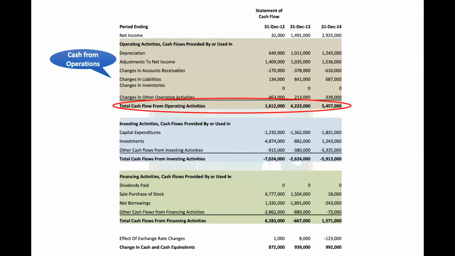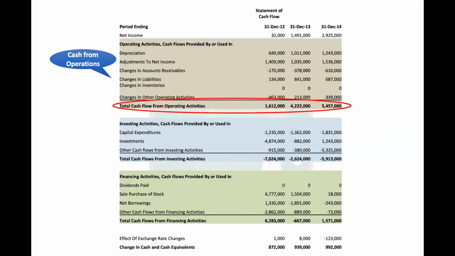What this tells us is that they're doing more and more business in terms of current liabilities with vendors. So you'll see the total change in operating activity, and then you'll see what the bottom line number is. Now, the reason why I'm pausing here is because this is the cash being generated from running the business.